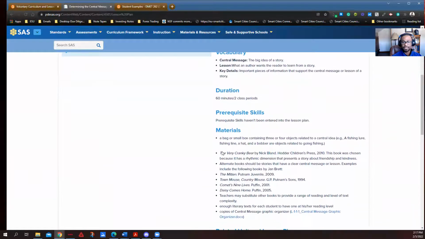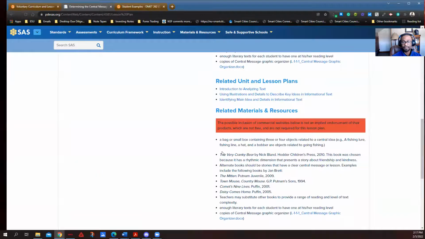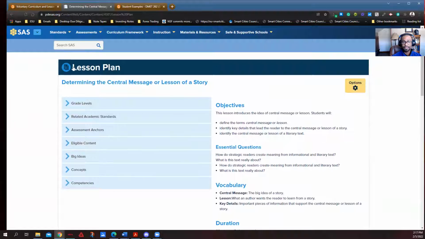And here is one particular lesson and its corresponding lesson plan. All right, lesson plan for determining the central message of a lesson. Objectives. Define the terms central message or lesson. Audience, behavior, right? This is the condition. What are these missing?